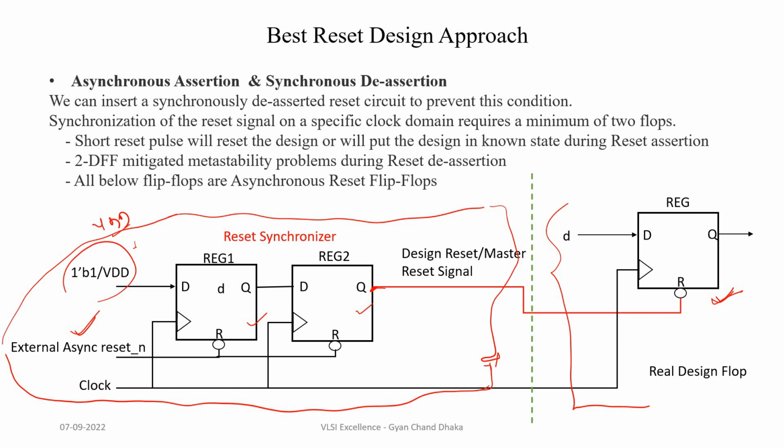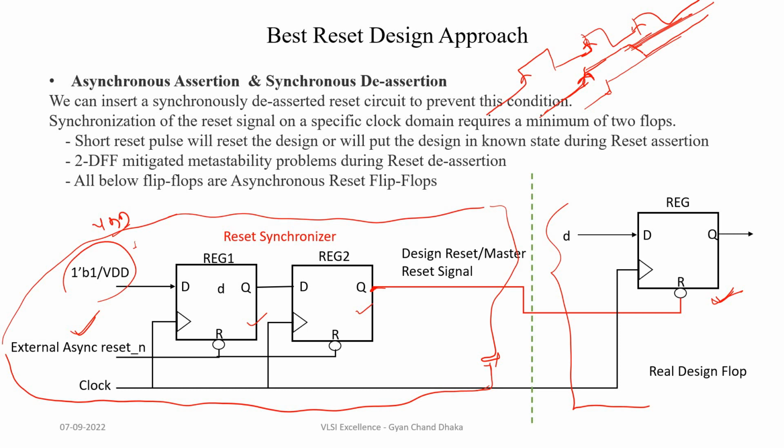So when the reset de-assertion happens, let's consider two scenarios. This is our clock signal, and our reset, which is active low, was applied and got de-asserted here. It will remain de-asserted. At this clock edge, our register 1 output will be nothing but 1.